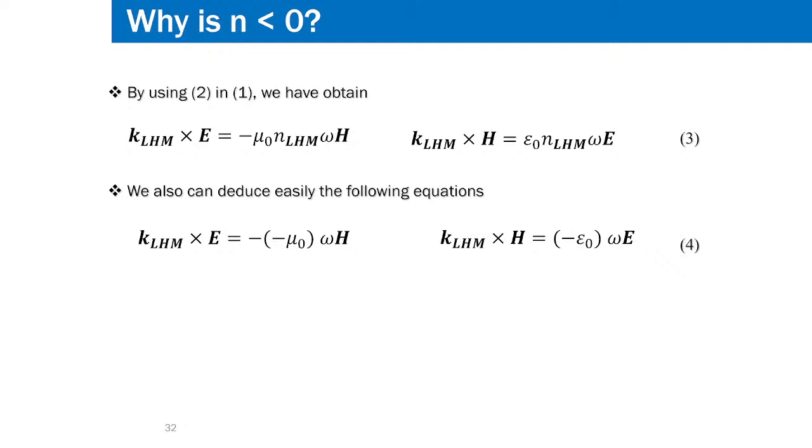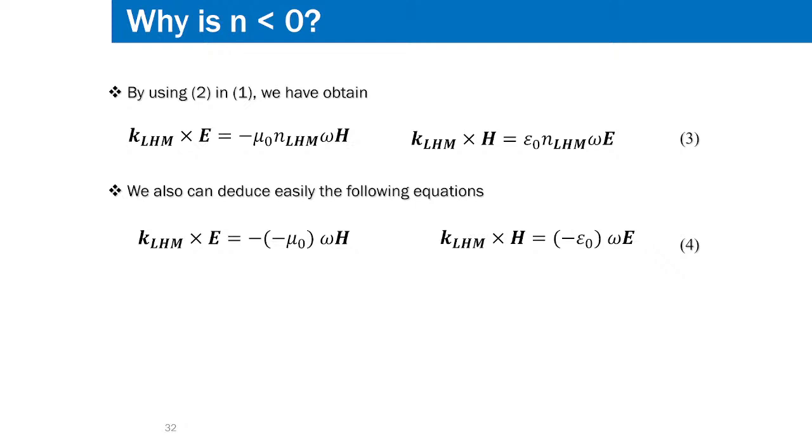So put for mu minus mu 0, and for the DNG material K is equal to K_LHM. So using that we get K_LHM cross E, which is in the DNG material, equal to minus of minus mu 0 omega H. So inside the DNG material, the wave vector is K_LHM, mu is equal to minus mu 0. We have put that.